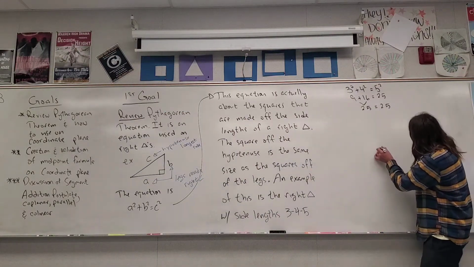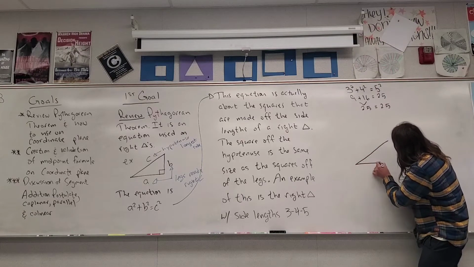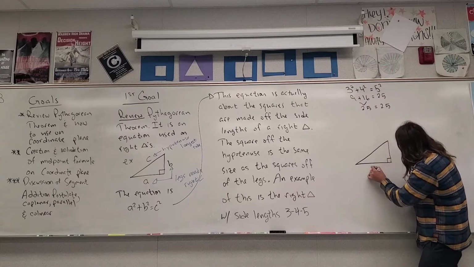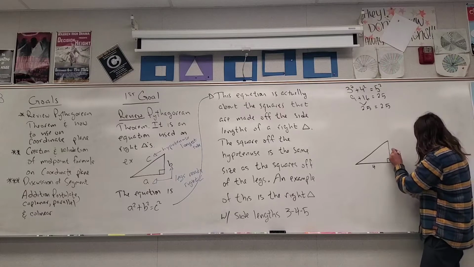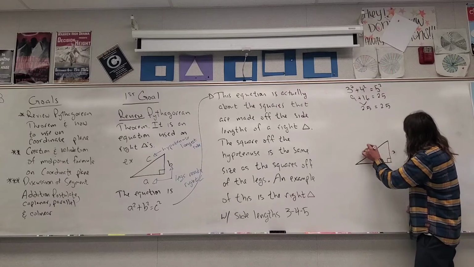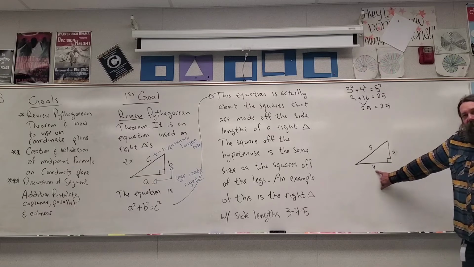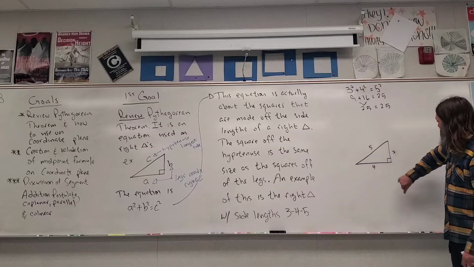I'm going to try my best to make it fit with what I have left on the whiteboard here. All right. So, I'll call this side length 4, this side length 3, and this side length 5, the hypotenuse. So off the side length 4, I'm going to make a square that has length 4 by 4.